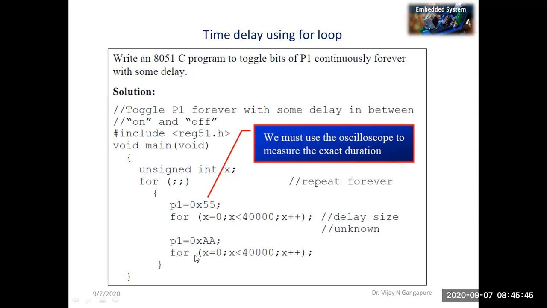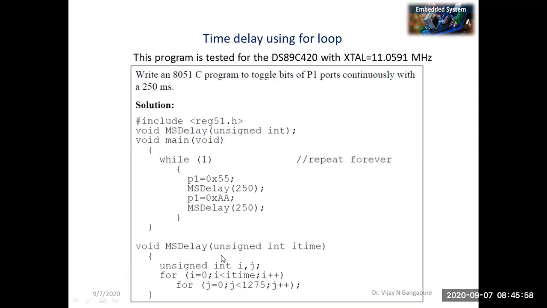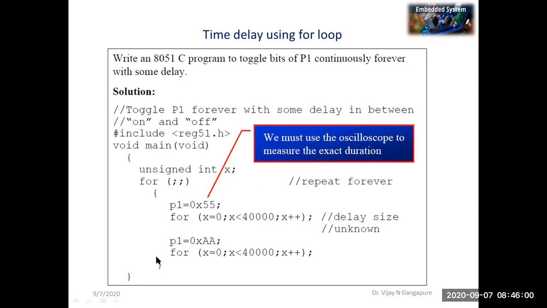Again I am using the same for loop that we discussed, to generate some unknown delay. After this delay, again the statements in this loop will be executed, and that will happen continuously, infinitely.